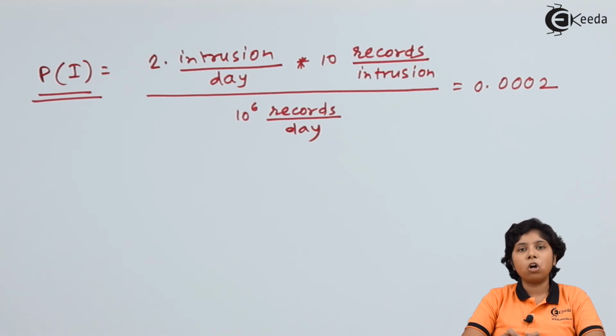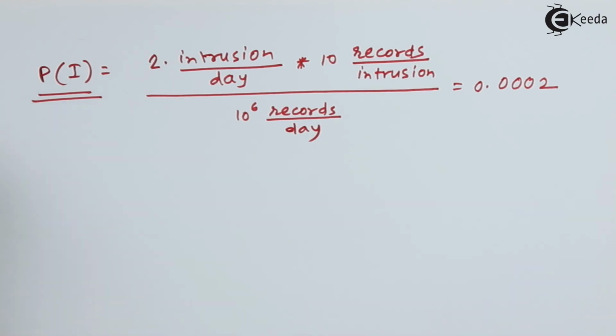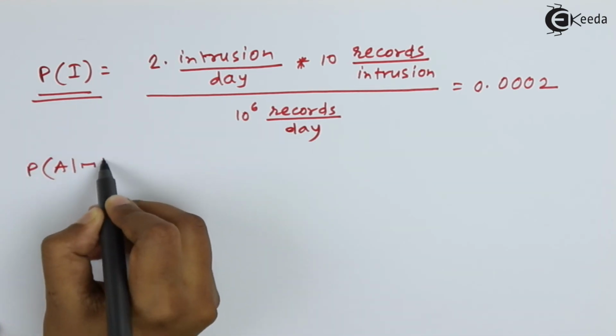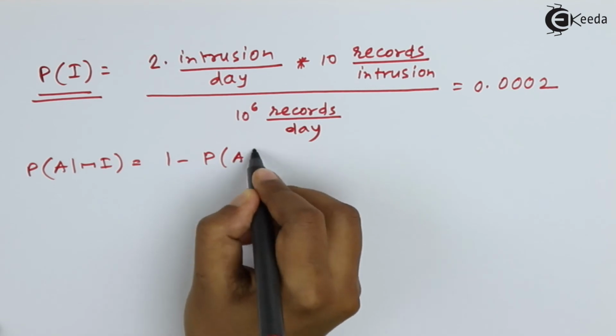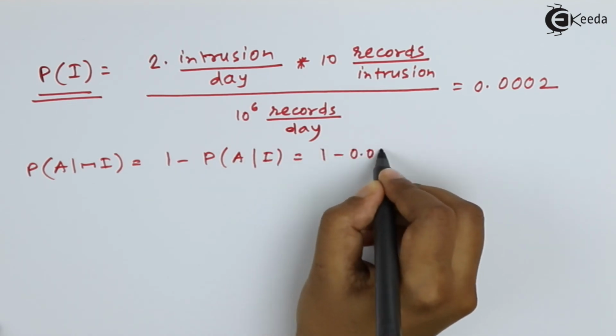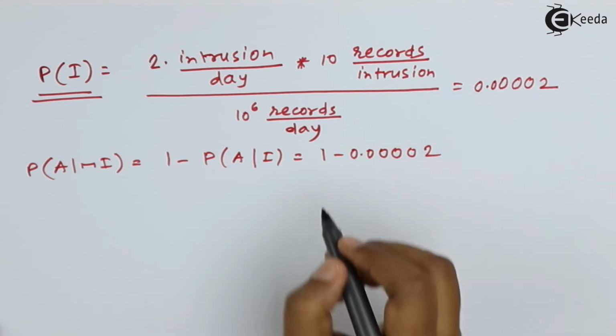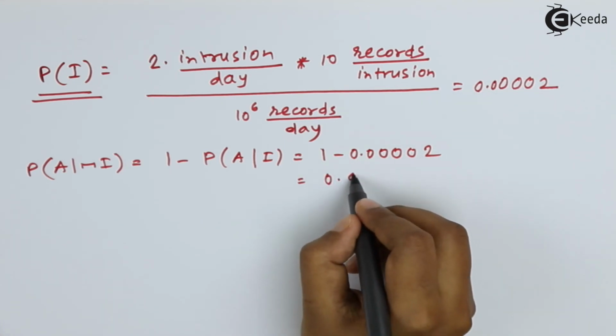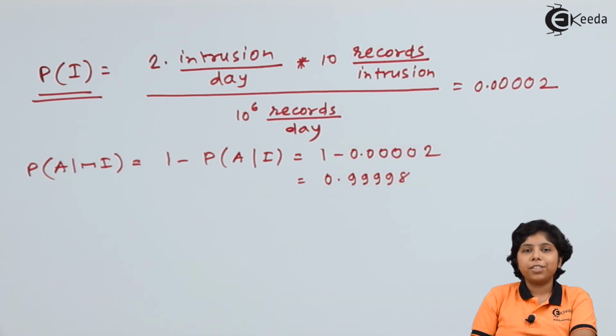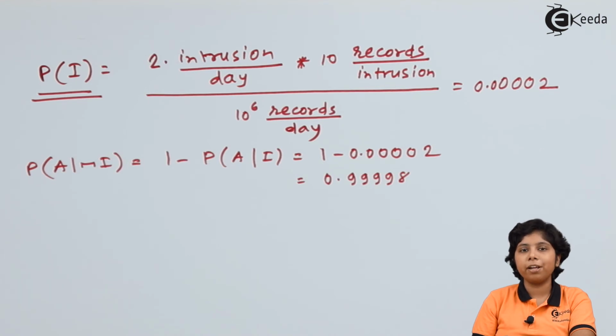Now P(A|not I) will be 1 minus P(A|I). That gives an alarm means an intrusion and no alarm means no intrusion. To apply this to an anomaly detection algorithm, we use the Bayes theorem. The Bayes theorem is as follows.